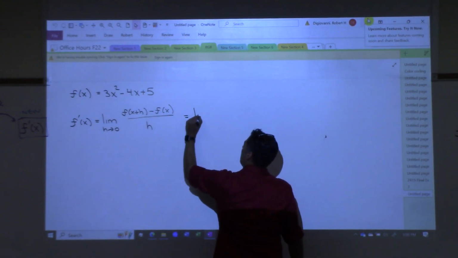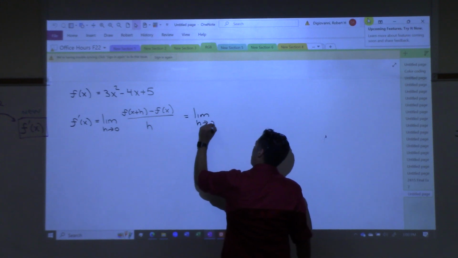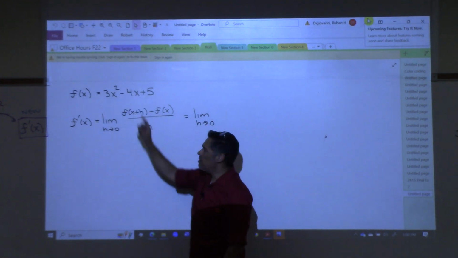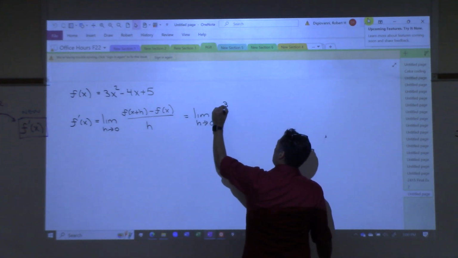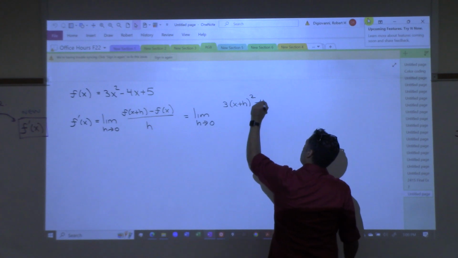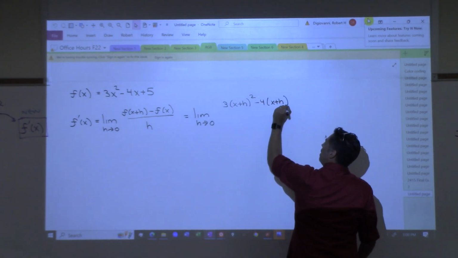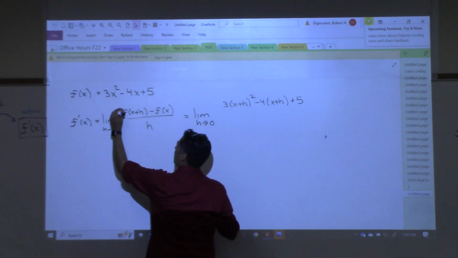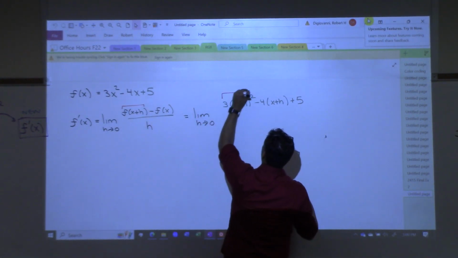Then this will be the limit as h goes to 0. First I have to plug x plus h into the function. It's going to suck. It's going to be 3 times x plus h, that quantity squared, minus 4 times x plus h, and then plus 5. That is just this right there.